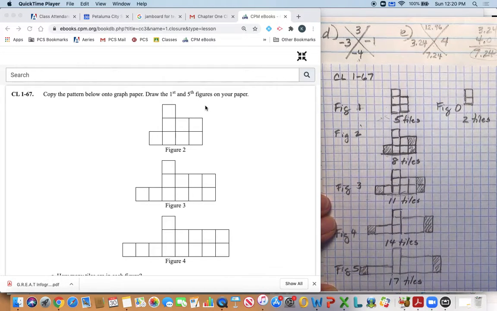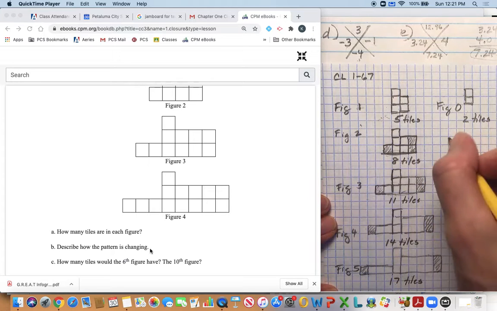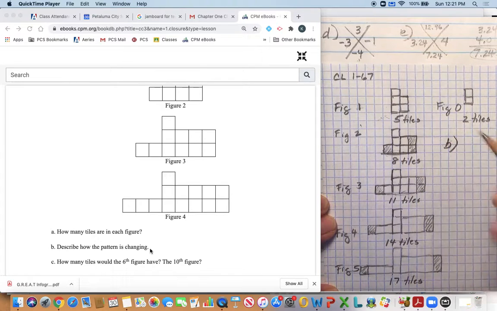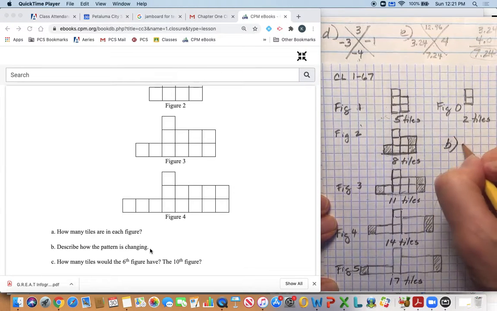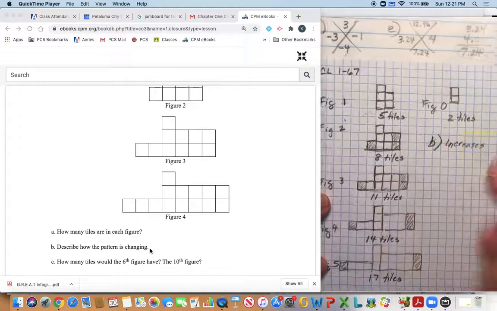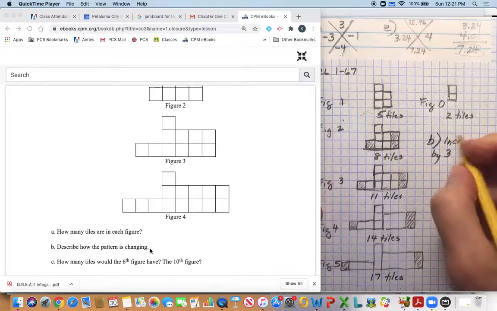All right, so now we've got everything we need. How many tiles are in each figure? Well, we already figured that out. Describe how the pattern is changing. Okay, so that's B, so I'm going to put a B there. And I am going to say it increases by 3.